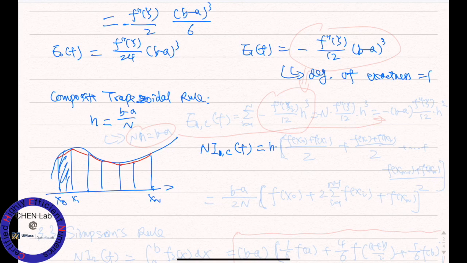So you're going to get h times a half of f x0 plus f of x1, plus the next trapezoid, a half of f x1 plus f of x2, and all the way to the end, a half of f xn minus 1 plus f xn. It's the area of a trapezoid. We did it already from a to b, and we now do that on the smaller one, with base h.